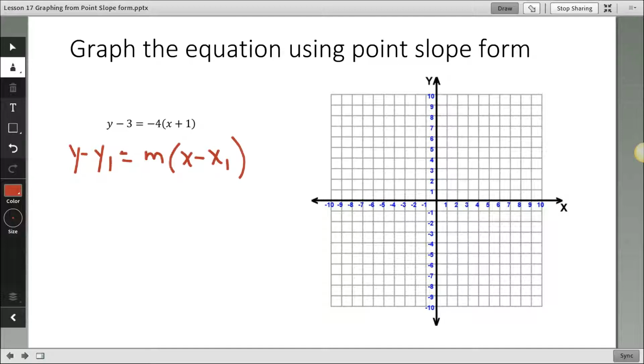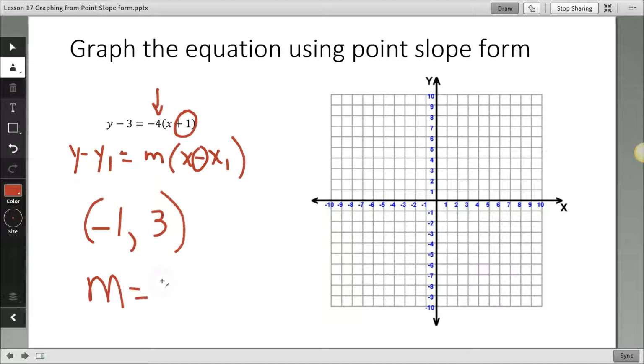So because of this sign right here, that means that 1 is a negative 1, 3, that is our point that we're picking, and our slope right here is negative 4. Remember, we like to write our slopes as fractions, so that would be negative 4 over 1.